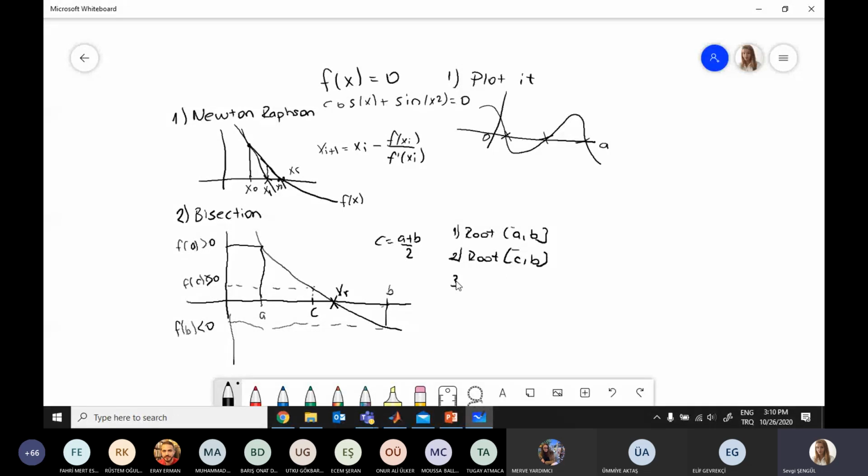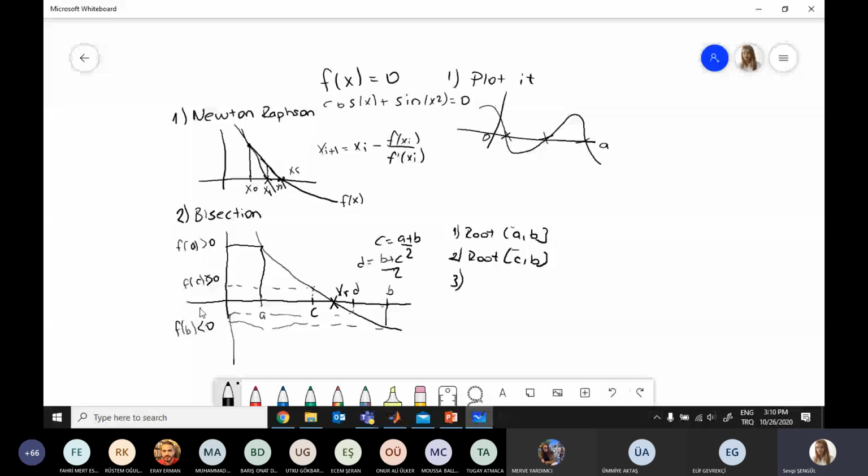As the third iteration, you are checking again d, which is (b plus c) over 2. So what is going to be the middle of bc? It will be somewhere here, d. And check f of d. f of d is negative, and that's why you will update what, c or b?